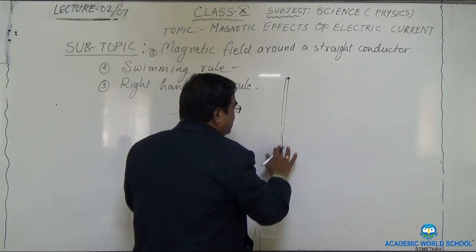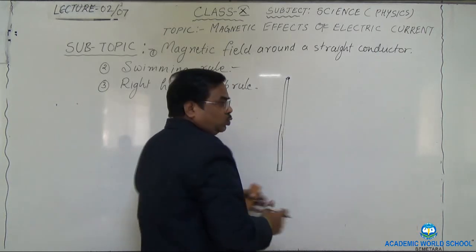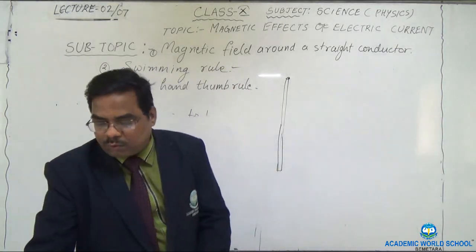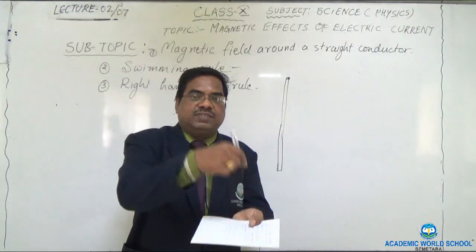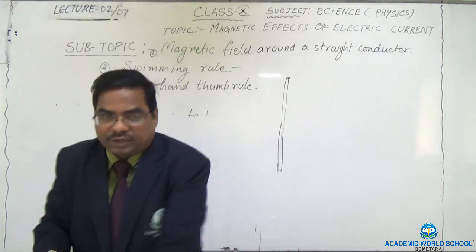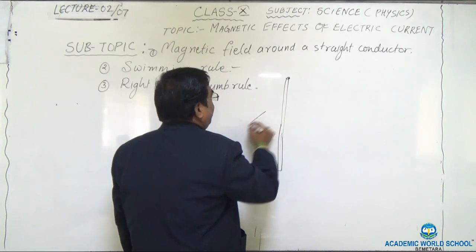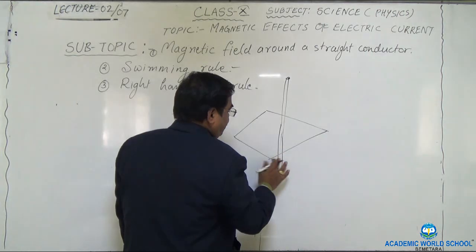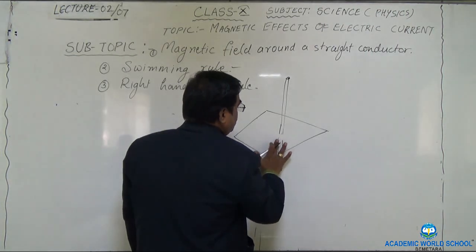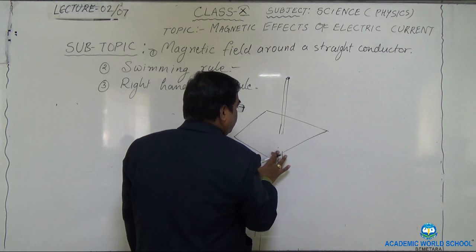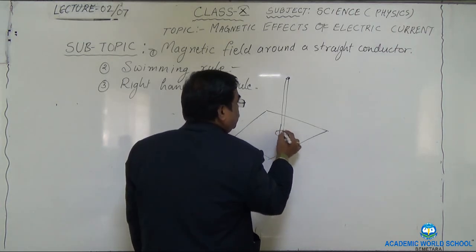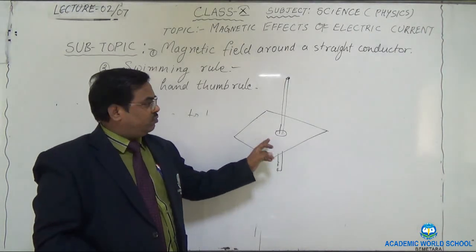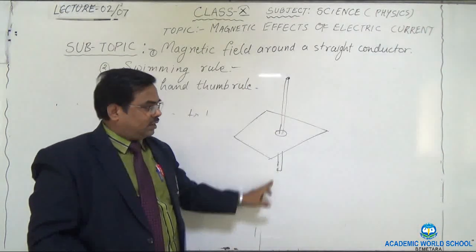Then he passed this straight conductor through a cardboard with a hole in the middle. Any cardboard, with a hole in between, and he passed the conductor through it. So this is a cardboard with a hole in the middle and the conductor is passing.